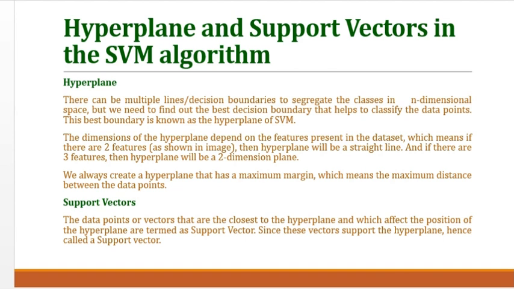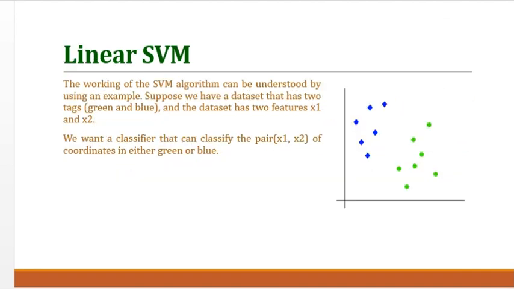Now moving on, linear SVM. A formal definition of linear SVM is that it is used for linearly separable data, where a straight hyperplane can divide the data points into two classes.